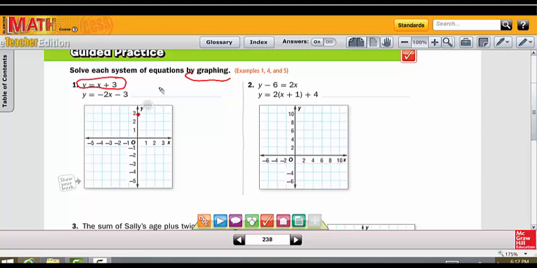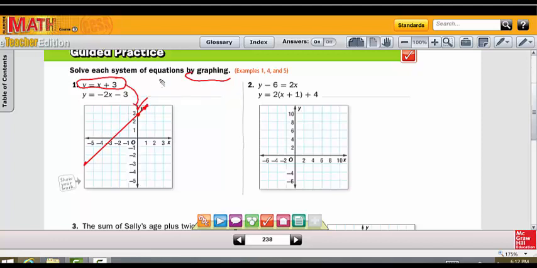Which only gets us to this point here, so we're going to work in the opposite direction by going left and down and continue to plot points by going left and down one at a time until we get to this point here. And then we're going to draw our straight line, and of course lastly we need to label this equation y equals x plus 3.